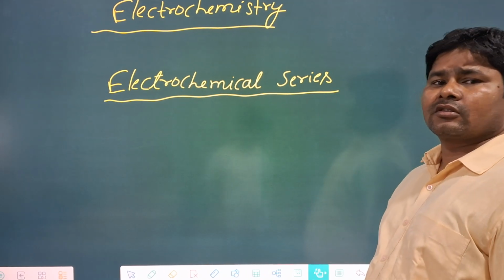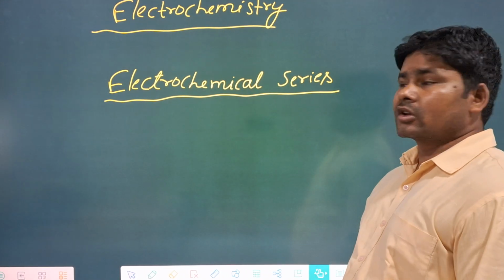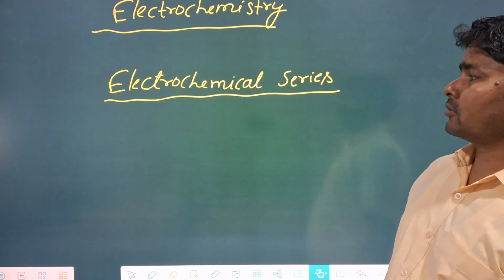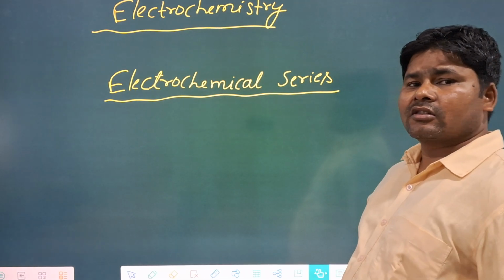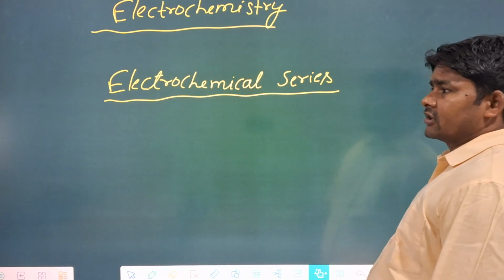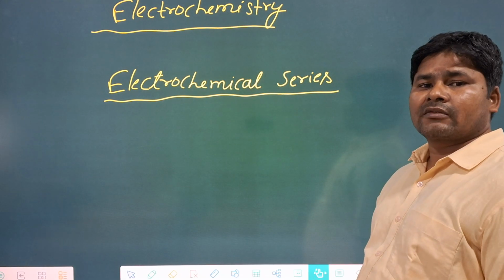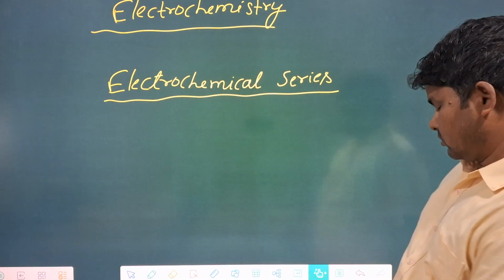Dear students, we have to study about the electrochemical series in electrochemistry. In the last lecture, we tried to calculate the electrode potential of different metals and radicals with the help of the standard hydrogen electrode.